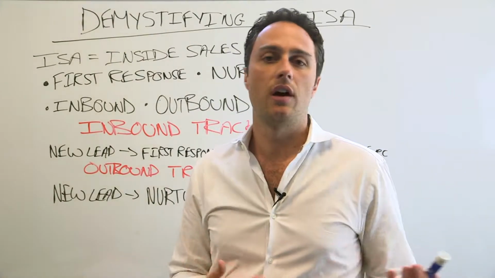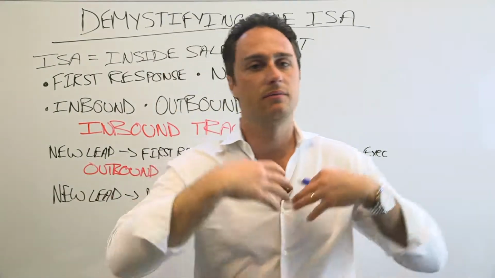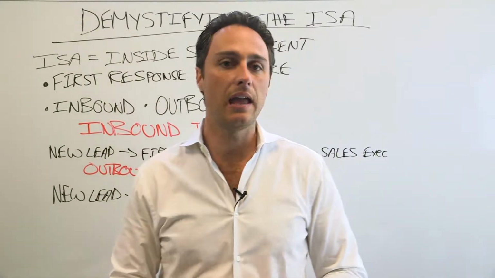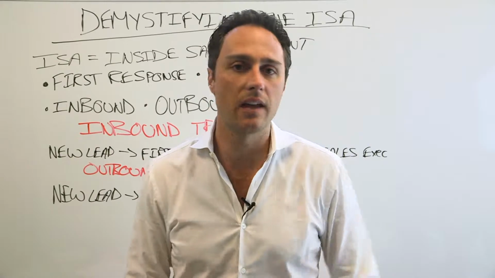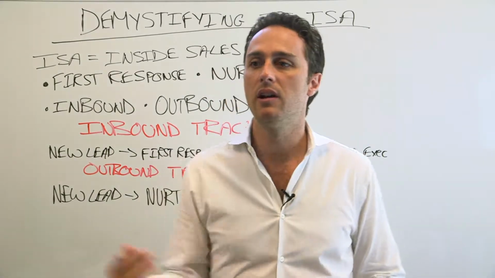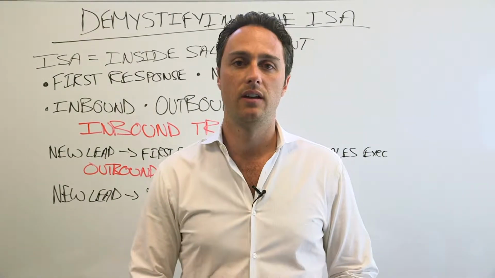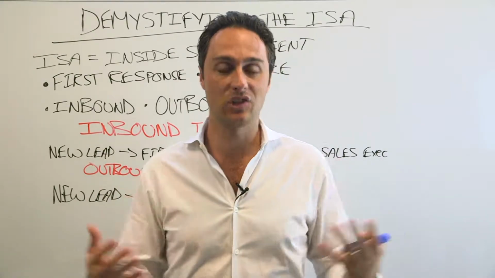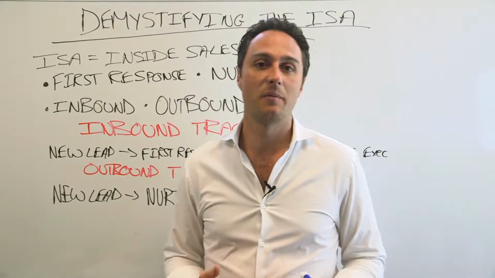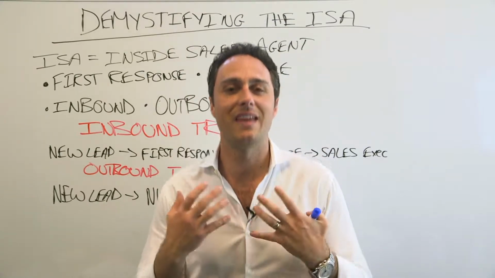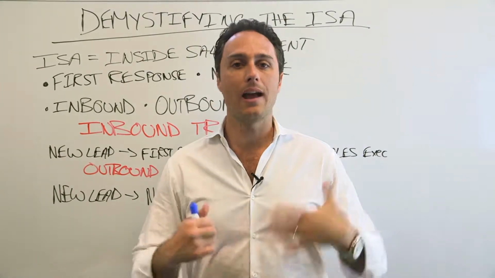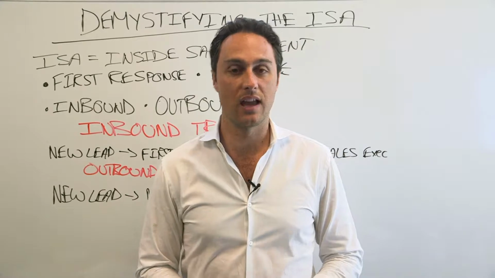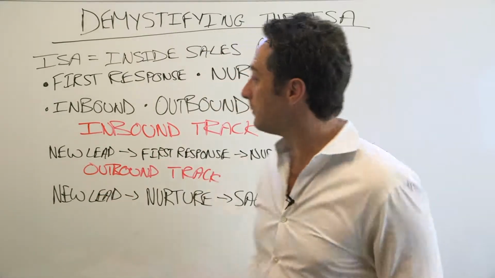On Facebook boards or different forums, people are saying, hey, have you hired an ISA, or what's your ISA comp, or how many ISAs do you have? That's fine, I love that people are looking for information, but what they're not talking about is what in the heck they actually mean. What kind of inside sales agent? There's a few different types.